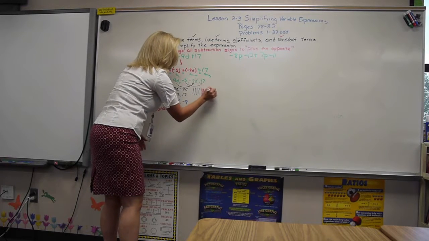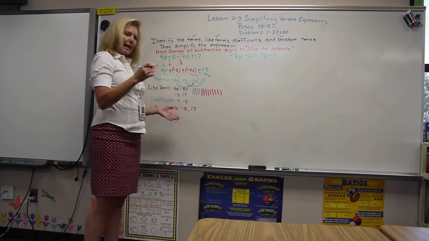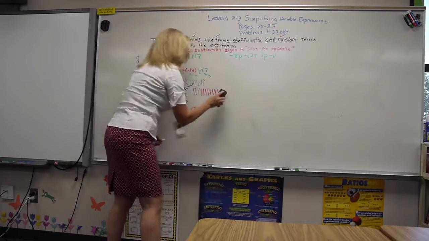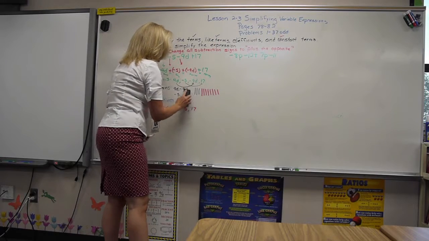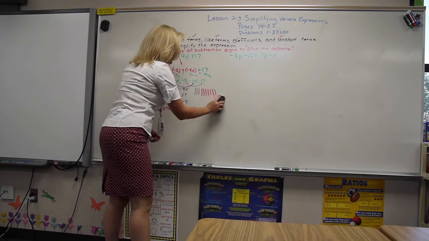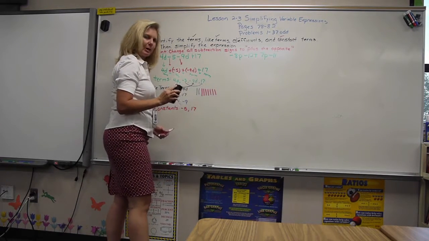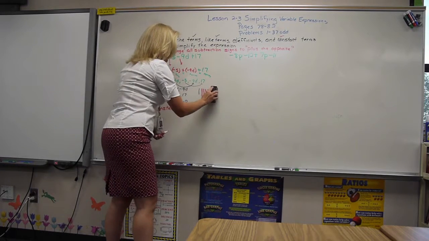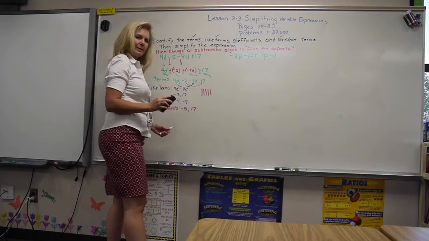There's 4, 5, 6, 7, 8, 9. And I know that blacks and reds cross each other out. So I know that this red and this black will disappear. This red and this black will disappear. This red and this black will disappear. And this red and this black will disappear.